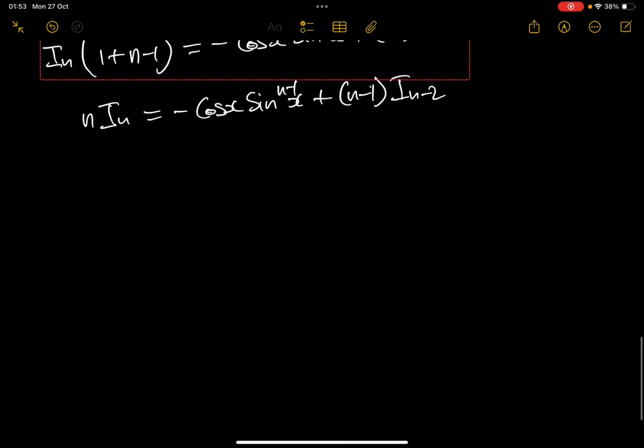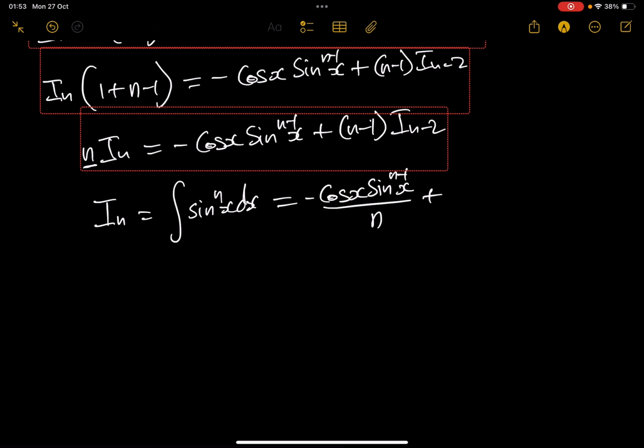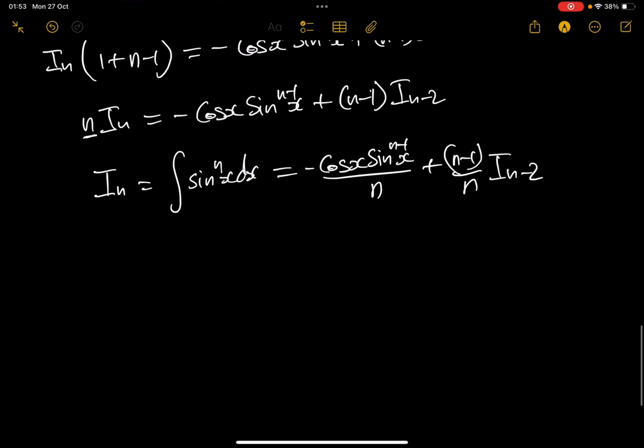So divided by n, your I_n, which is equal to the integral of sin^n x dx, we are saying this is equal to minus cos x sin^(n-1) x over n, because we're dividing by n on both sides, plus (n-1) over n I_(n-2), right?